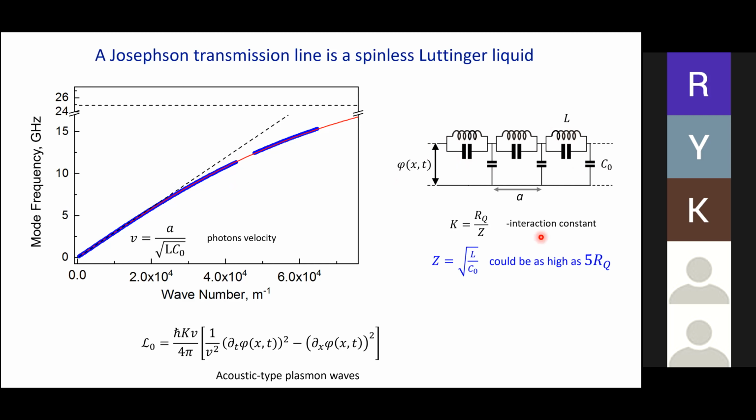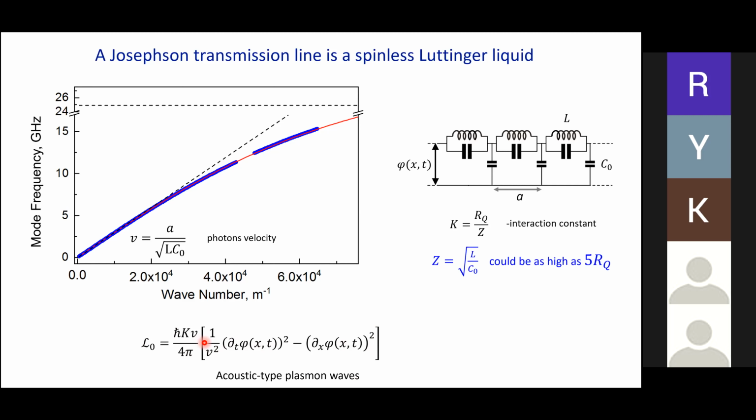If we introduce a field phi and go to a continuum limit, then the description of this circuit can be given by this Lagrangian density, which describes acoustic type waves. You can see that this is similar to a Luttinger liquid Lagrangian.